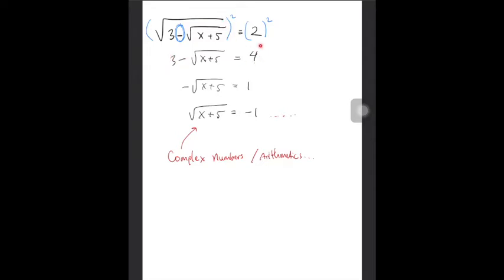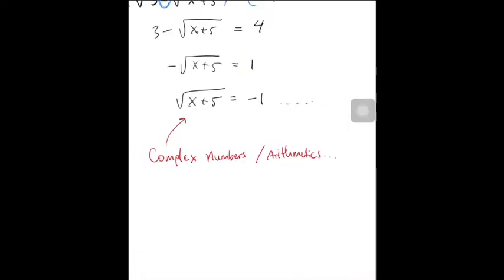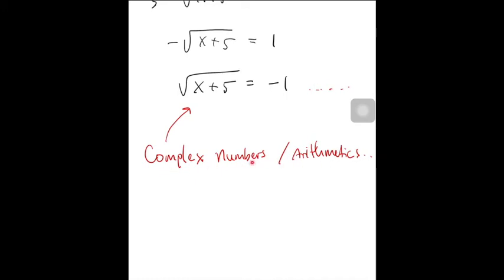You move 3 over here and it becomes negative 1, so it's negative. I multiplied all by negative, so you see here negative 1. This is trouble. But mathematicians say that we can go to another plane in our numbers. It's called the complex numbers.